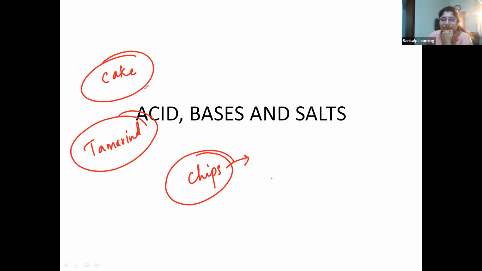So different food items have different tastes. In daily life we use so many different foodstuffs, and they have different textures and different tastes.